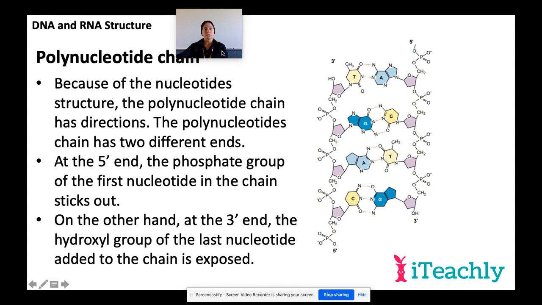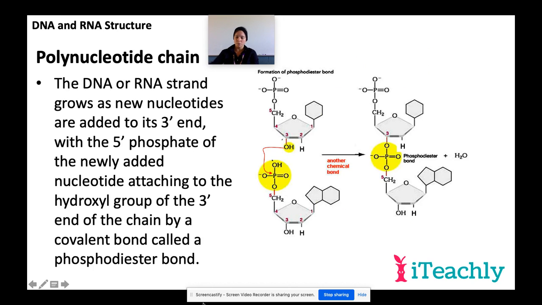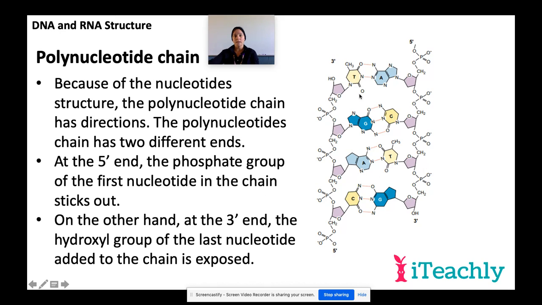So how do we get this chain? What's the direction? This is specifically referring to our DNA. If you look on this side of the DNA, notice the orientation of this sugar. It looks like it's upside down. So the 5, 1, 2, 3, 4, 5, the 5 prime end is on the bottom, and on the top, this one right here is the 3.